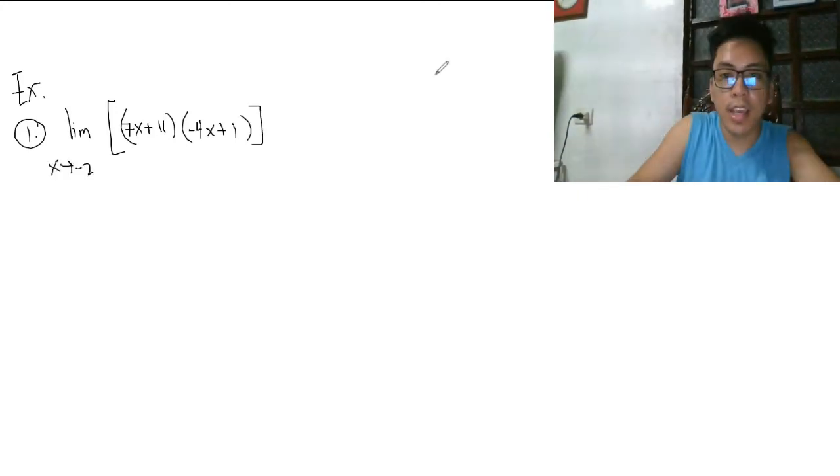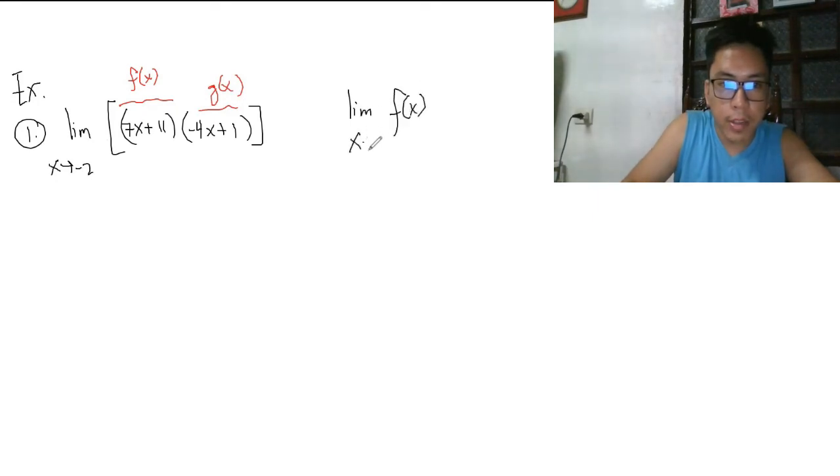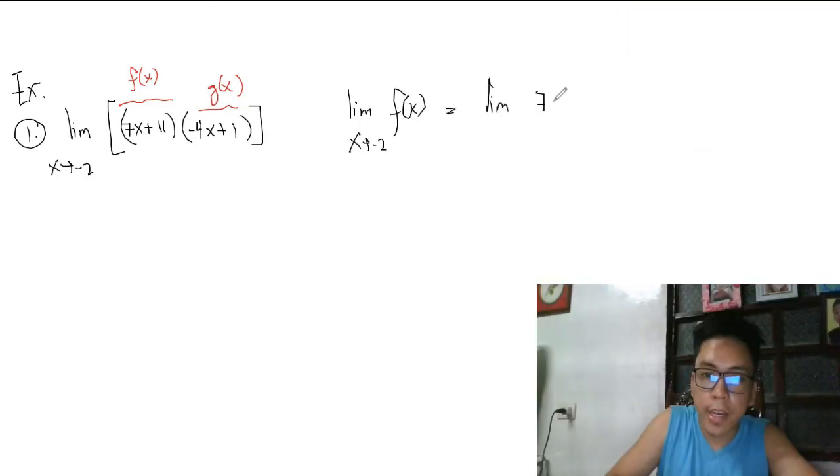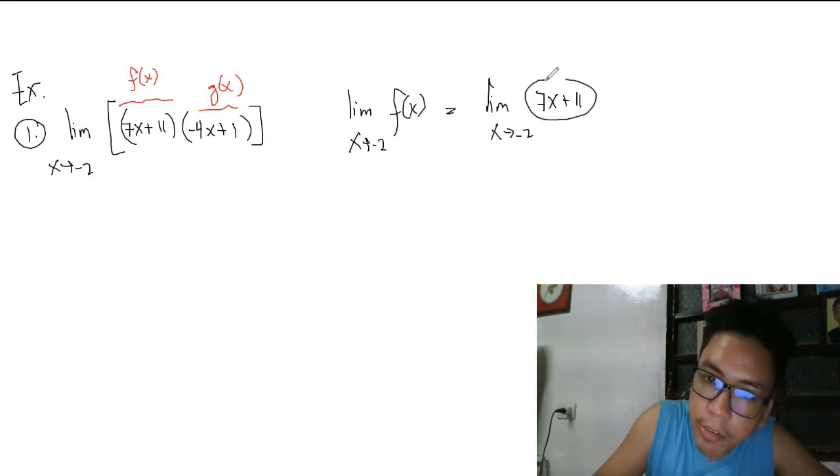So in this case, this is my f of x, and this one here is my g of x. So I can take the limits separately. I have the limit of f of x as x approaches negative 2, so that's basically the limit of 7x plus 11 as x approaches negative 2. If you notice, this is a linear function.